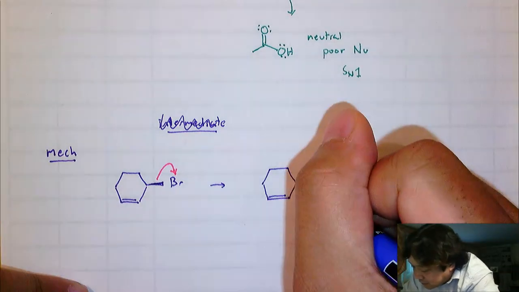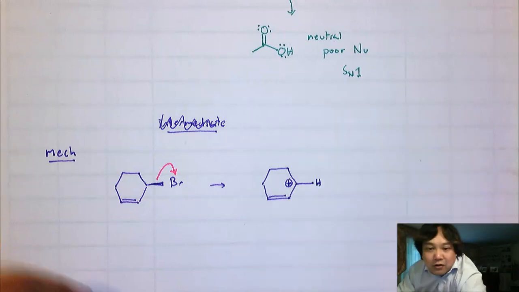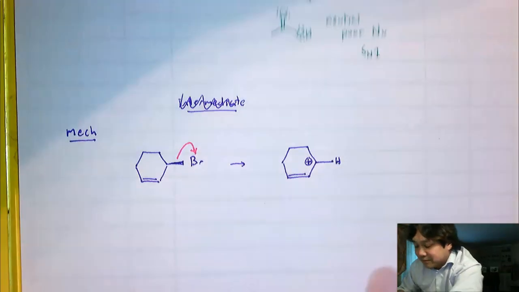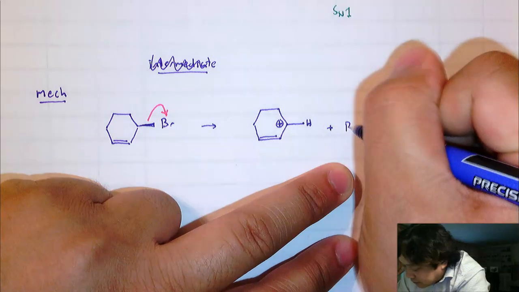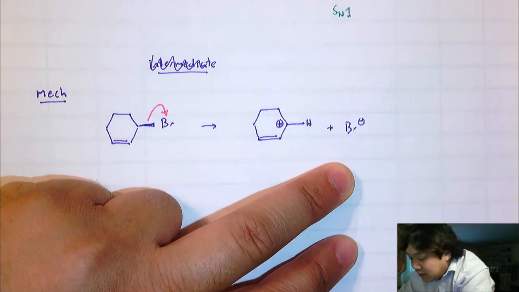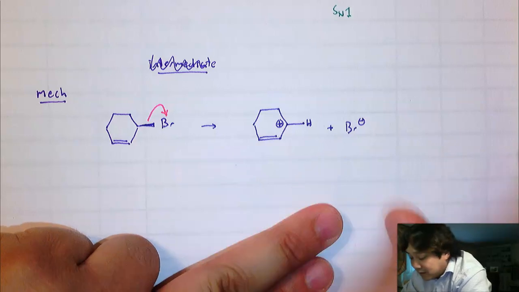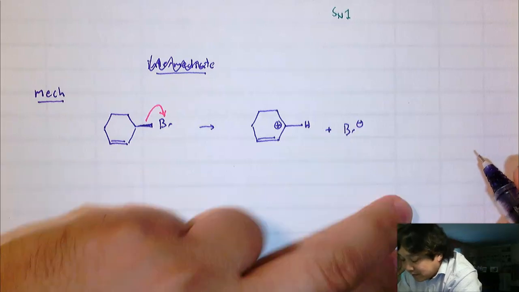I'll draw the hydrogen, but I'm going to draw it flat because this is a trigonal planar carbocation, right? And I like to draw, and I ask my students to draw, every molecule that is produced in the preceding step. So we did kick out a bromine. In this case, a bromide.